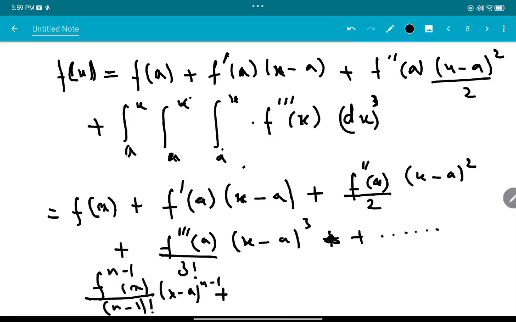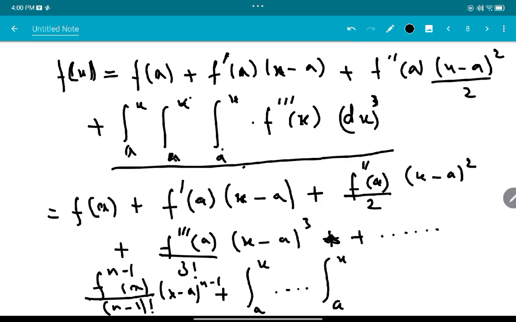Now the nth term will be a term where you have n integrals. I will write them shortly as integral a to x, dot dot dot, and I have f n x, the nth order derivative, dx raised to n. This is the last term.